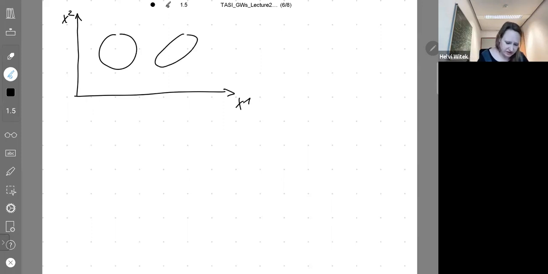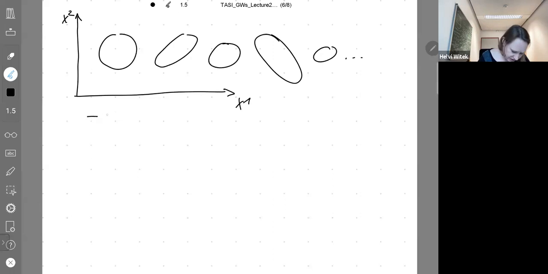So it may oscillate first in this way, then have the other form, and so on and so forth. So the particles still oscillate in this x1, x2 plane in a cross-like shape.